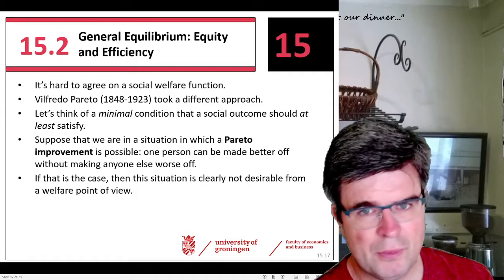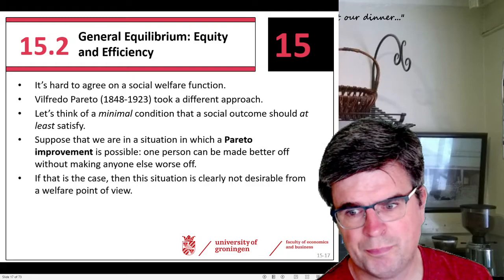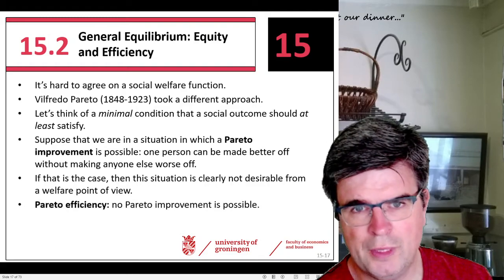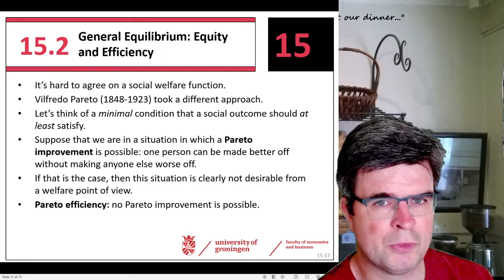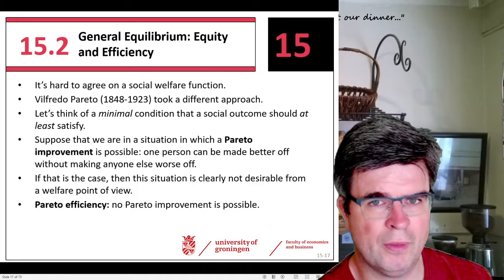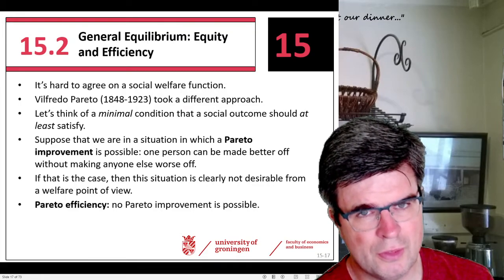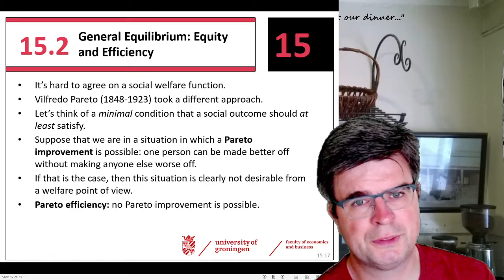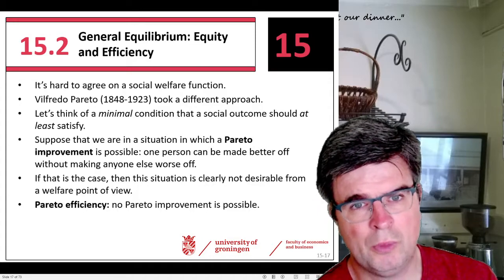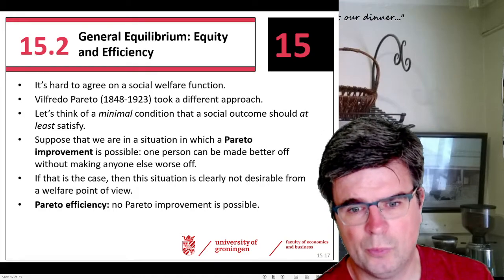So if Pareto improvements are possible, then clearly it's not desirable from a welfare point of view. And you reach a state of Pareto efficiency when no Pareto improvements are possible anymore. So at a Pareto efficient outcome, it's not possible, by reallocating resources, to make at least one person in society better off without making anyone worse off.